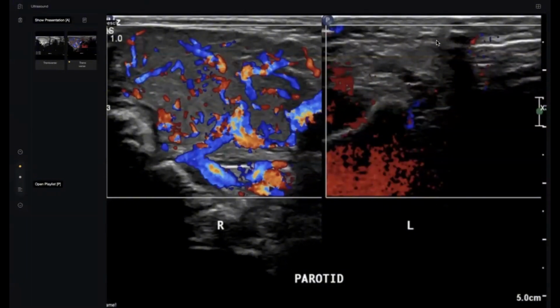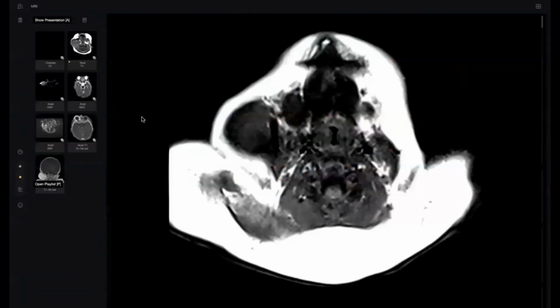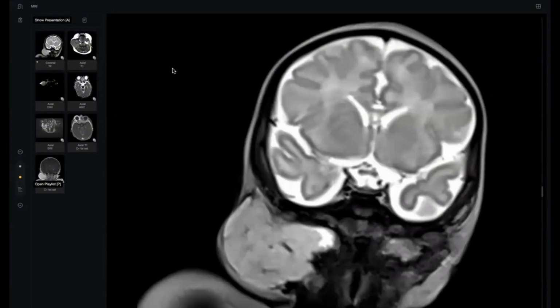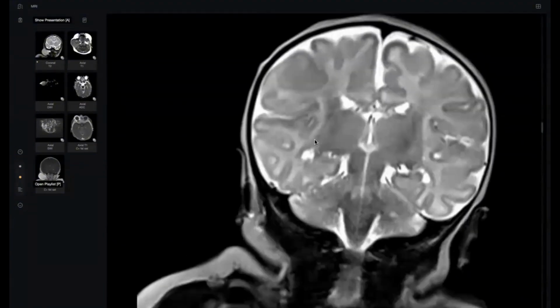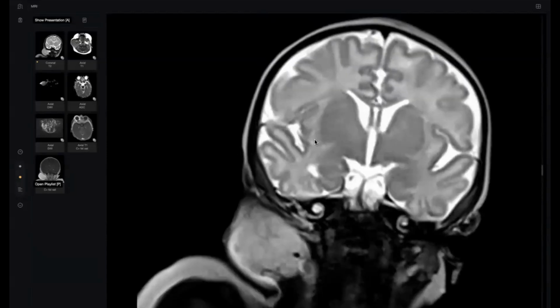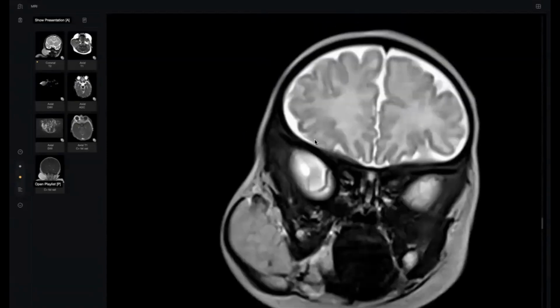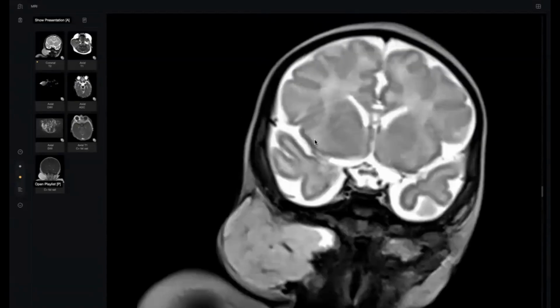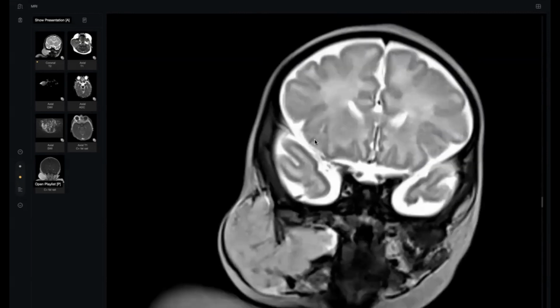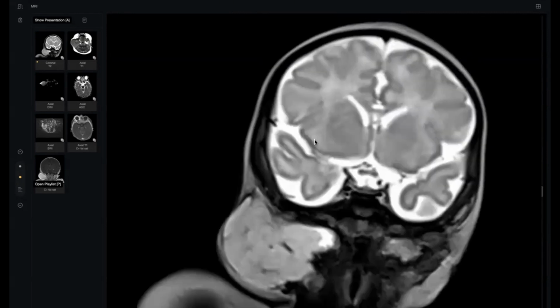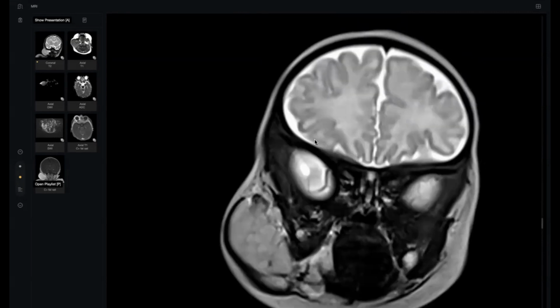Okay, one second. These are the MRI images of the same child. There is evidence of a T2 hyperintense lesion in the right parotid region with evidence of multiple flow voids inside.